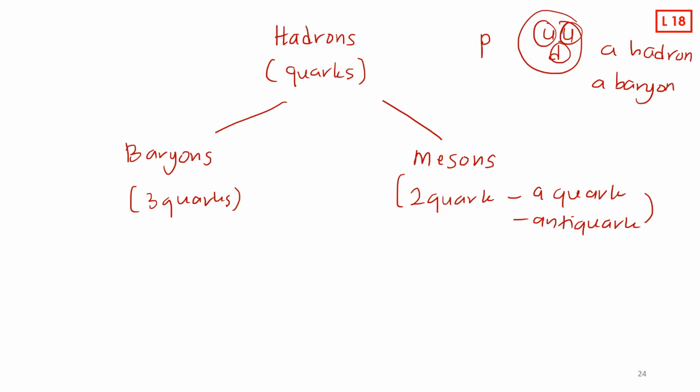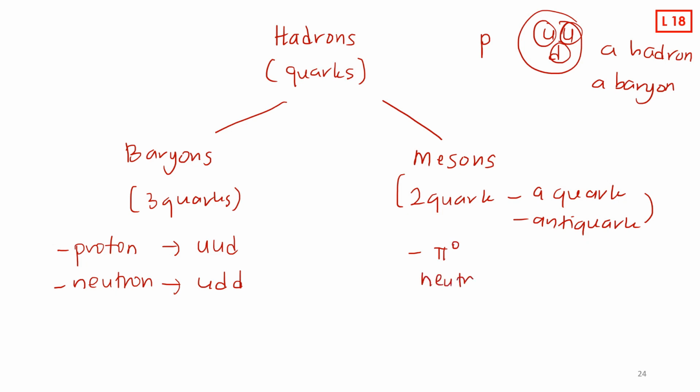Let me give you some examples. We have the proton. The components of a proton are U, U, D: up, up, down quarks. The neutron is U, D, D: up, down, down quarks. What about mesons? We have the neutral pion.